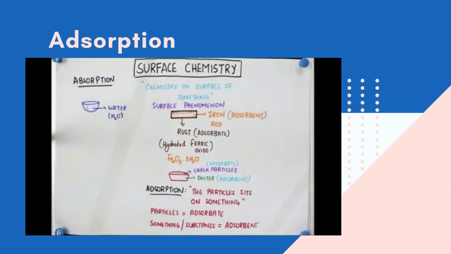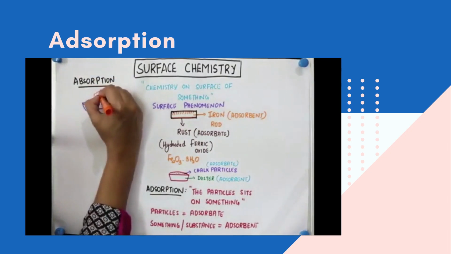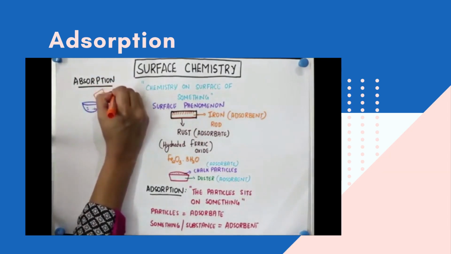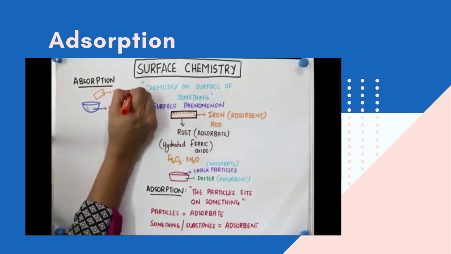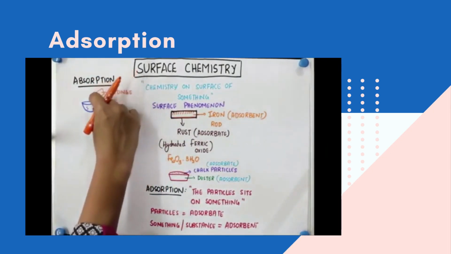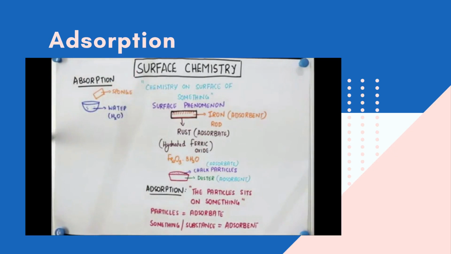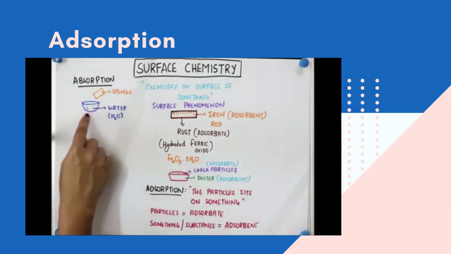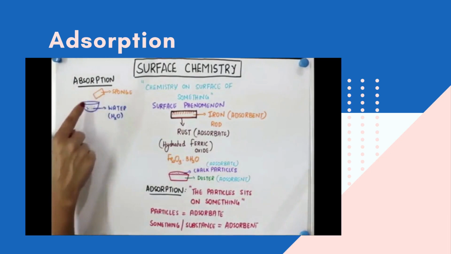So now if I take a sponge, or we can also take tissue paper. What happens if I dip this sponge in water? The sponge gets all soaked up and wet and it absorbs water. Oh, that's absorption, right? Yes. You can see that the water particles now move into the sponge.